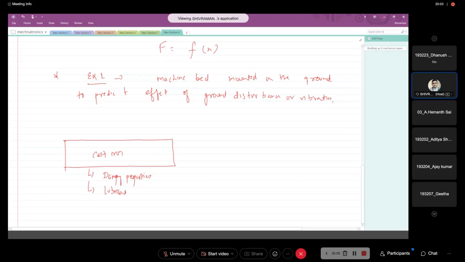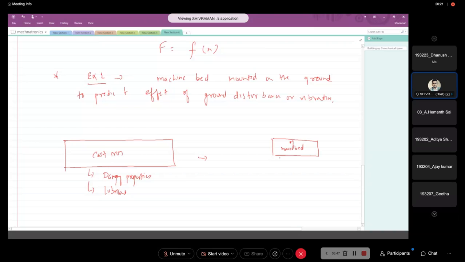Okay, so basically we have to develop a model for this machine bed in order to predict the vibration. First of all, there will be a mass element due to the bed, that is the mass of the bed.